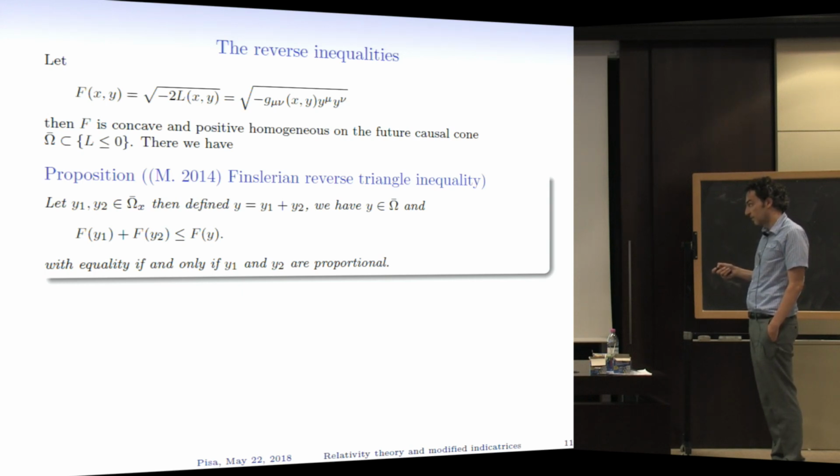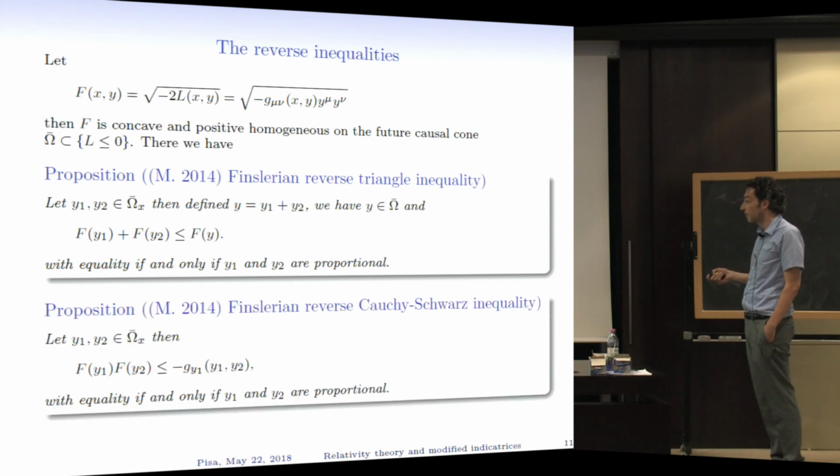You pick 2 causal vectors, you add them, you get another causal vector, and there is this relationship with equality if and only if they are proportional. Same for the reverse Cauchy-Schwarz inequality. You pick 2 vectors, their scalar product, and here you can place any of the 2 of your choice. It's always greater than the product of the fundamental function over the vectors.